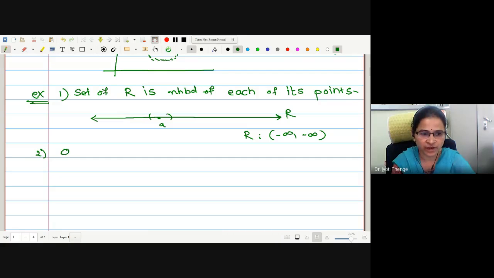What about the set of rational numbers? Whether the set of rational numbers is a neighborhood of its points. Q means rational. What is the definition of a rational number?